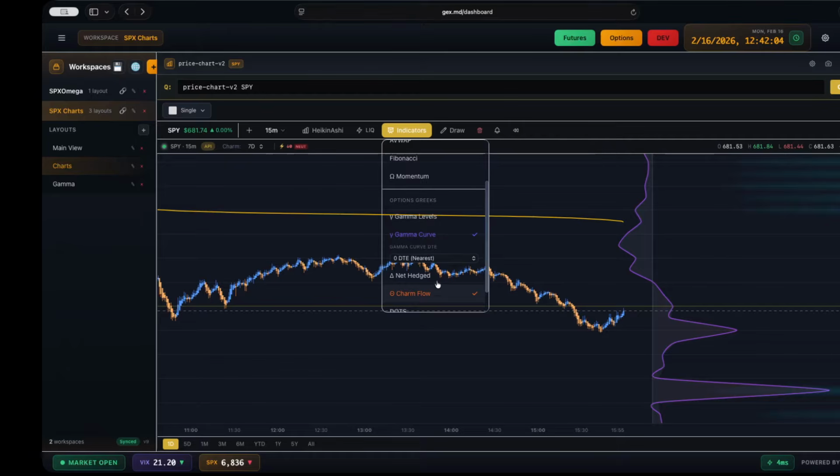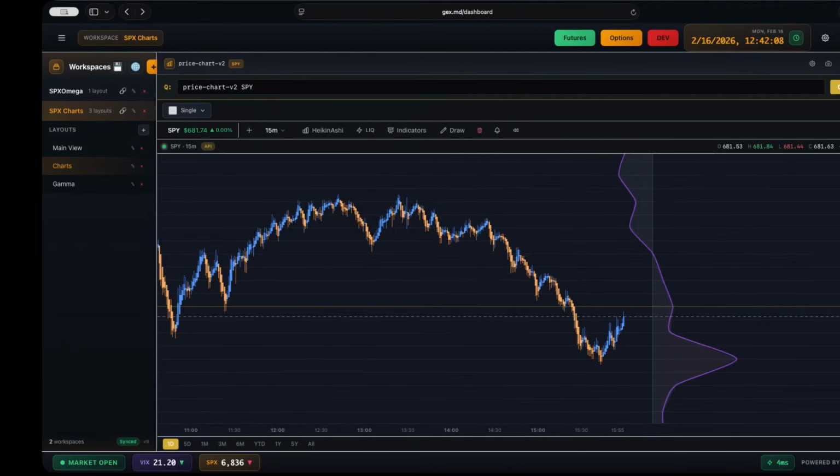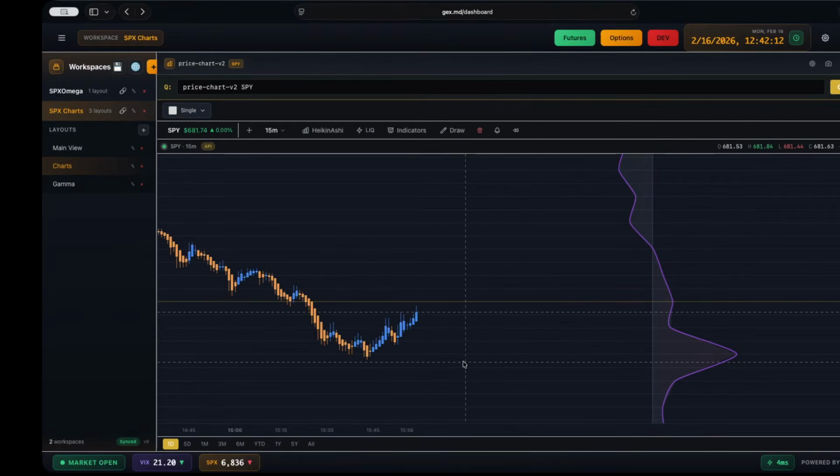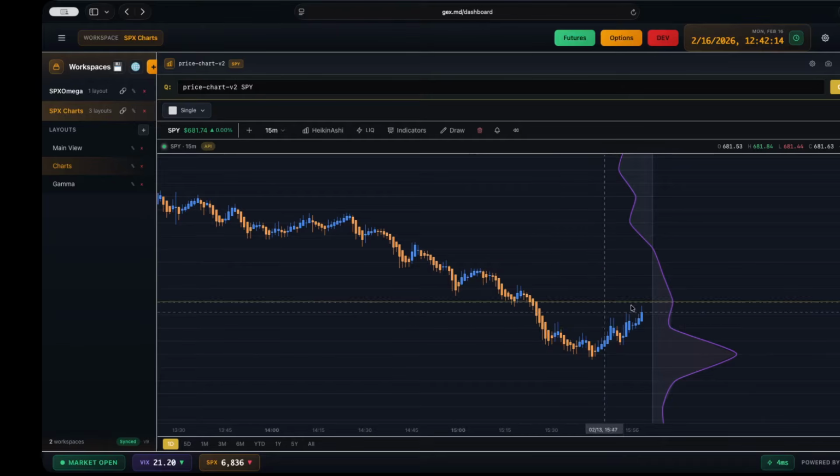Let me stop this channel flow and then let me explain how the curve works so you can understand, because maybe some are confused, but it's kind of easy. Anything you see like this, they are puts, strong put right here. Anything you see like that on the left side is calls.